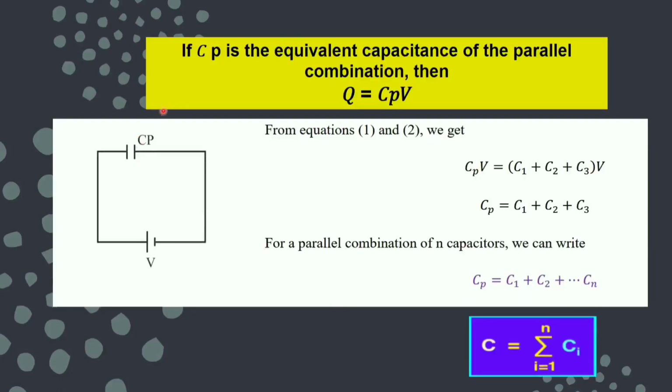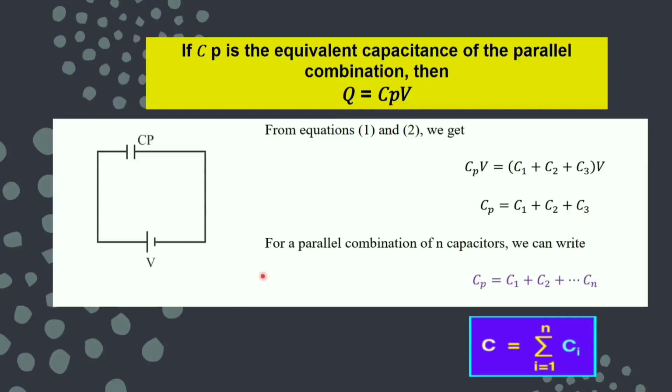If we take Cp as the equivalent capacitance of the parallel combination, then from the formula Q equals Cp into V, and equating both equations, Cp into V equals C1 plus C2 plus C3 into V. So Cp equals the sum of the capacitances, C1 plus C2 plus C3.